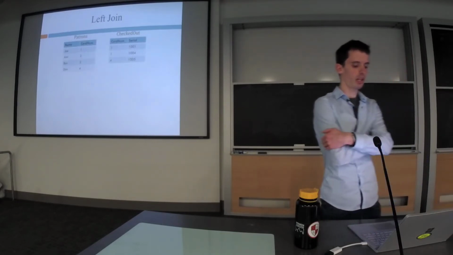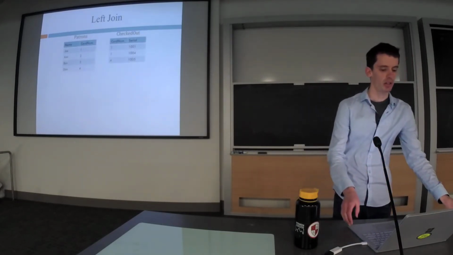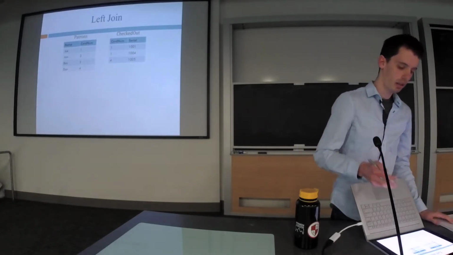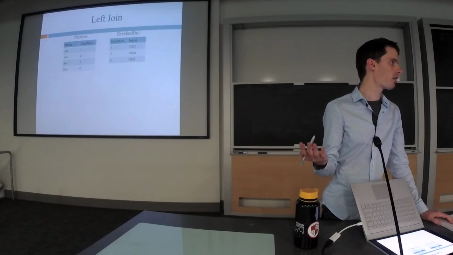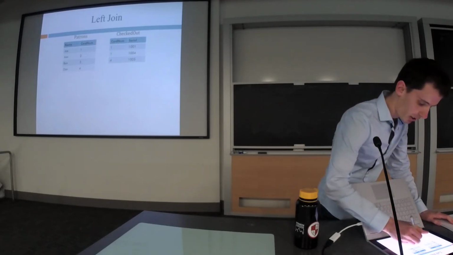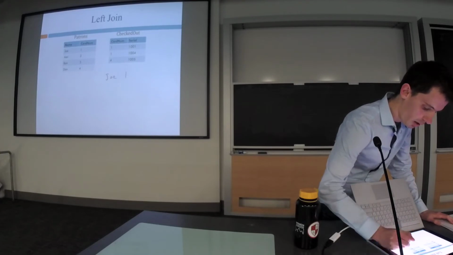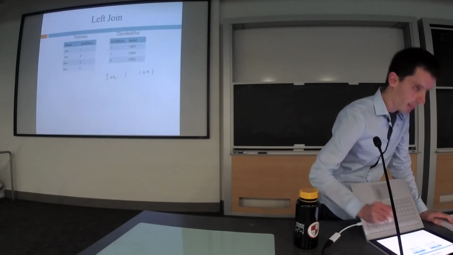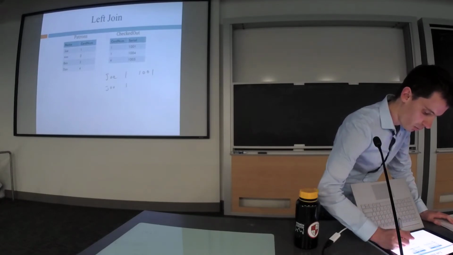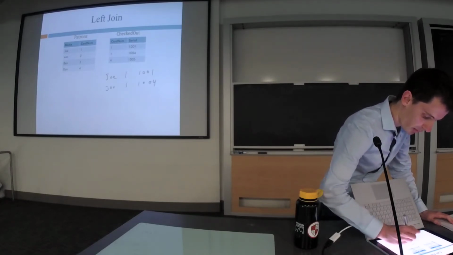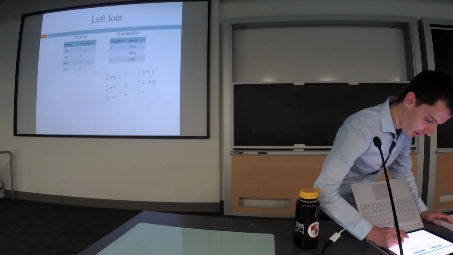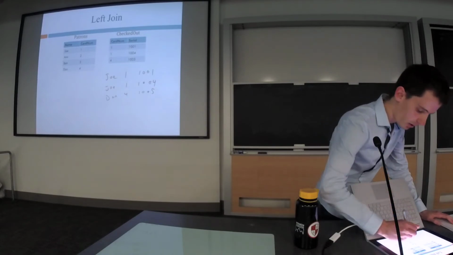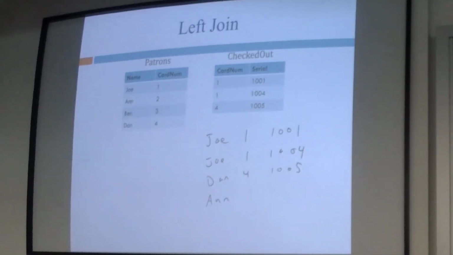Okay, so let's look at patrons and checked out. If I were to do patrons left join checked out, and let's say the condition is where the cardnums match, like a left natural join, I would get Joe 1, 1001, Joe 1, 1004, Dan 4, 1005, and then I would also get Ann 2 and Ben 3, but I can't have a non-rectangular table.